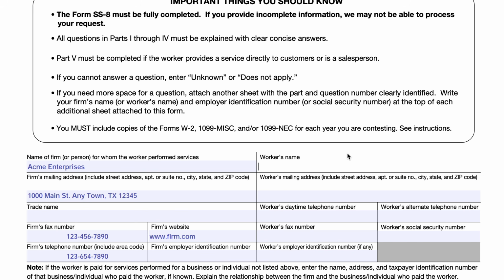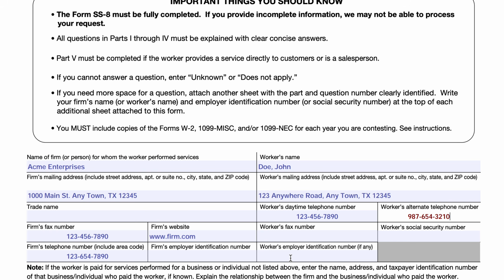On the right-hand side would be the worker's name, and a daytime telephone number. Let's just say he works at the company. That's where you can reach him. You can put in an alternate phone number, fax number, employer identification number.